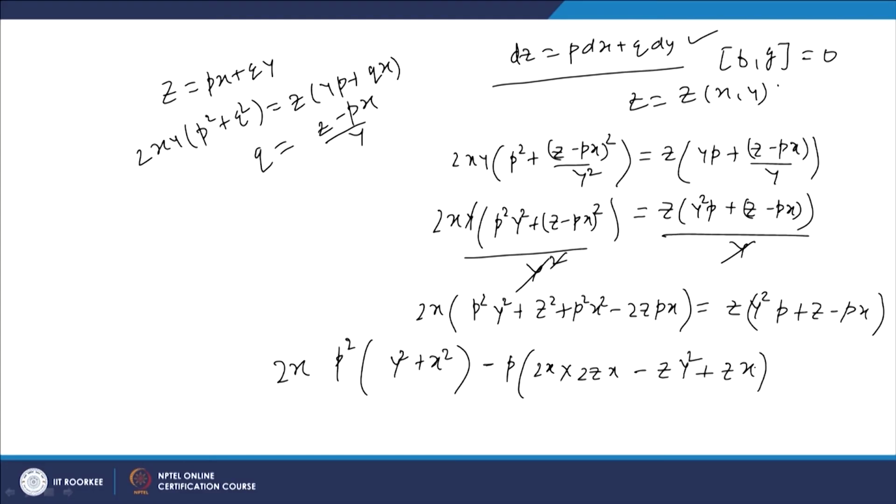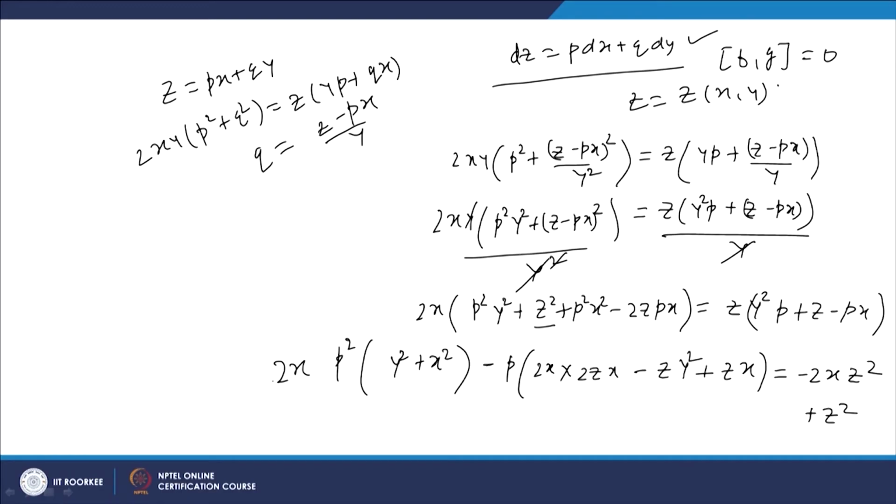And the remaining is just a constant term, which we can write as minus 2 x z square, and here we get plus z square.